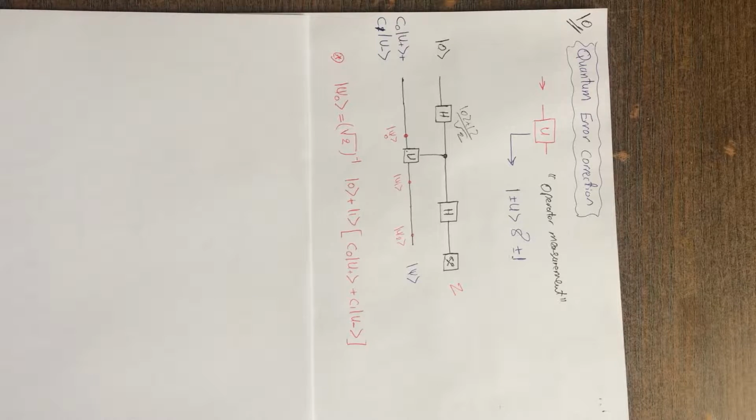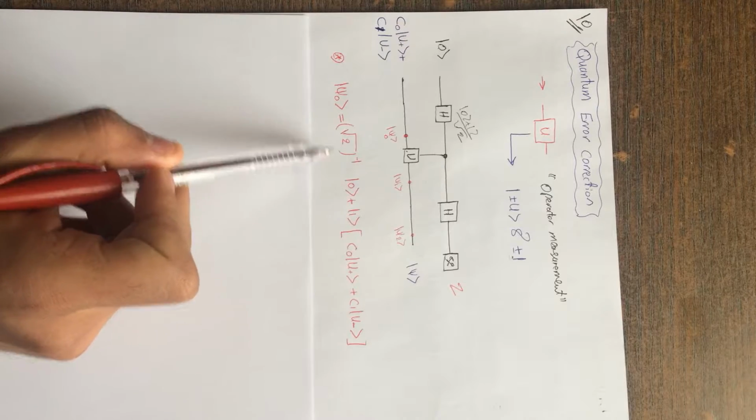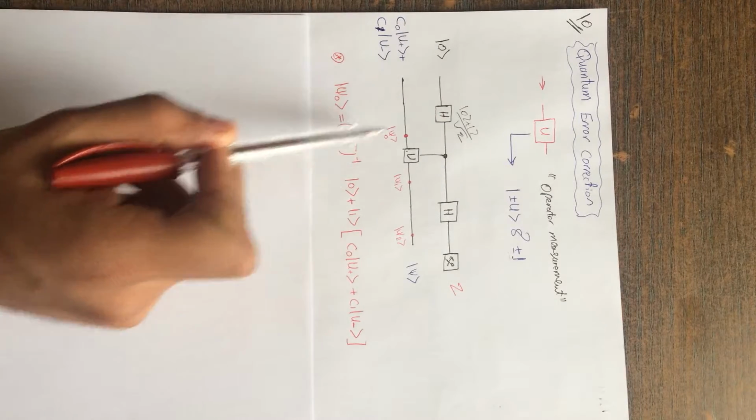So first begin with psi 0, which is just a 1 over square root 2 superposition state.